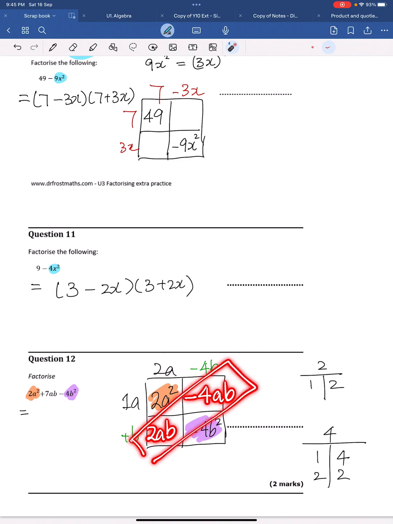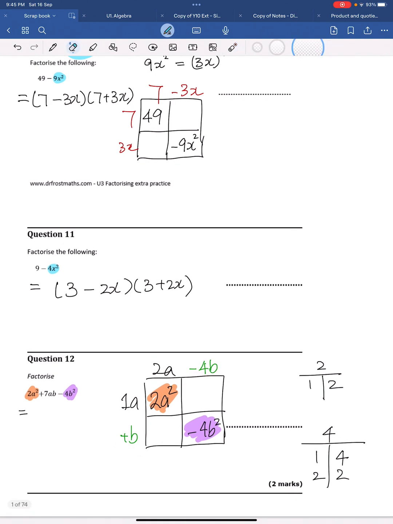When you collect these together, you won't get this middle term, positive 7ab. So clearly, putting negative 4b here and positive b would be incorrect. So erase it.